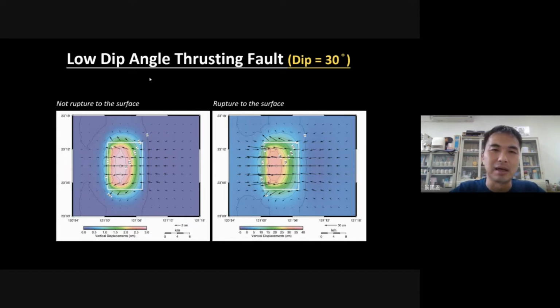It will give you some simple idea about how we use the surface deformation to understand the mechanisms associated with the fault. Here I give you one sample. It shows here the white rectangle is the surface projection of the fault.